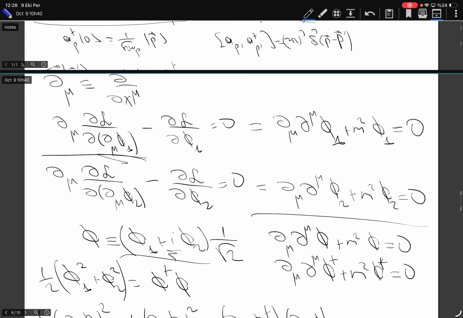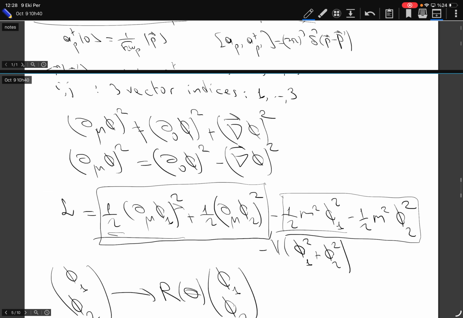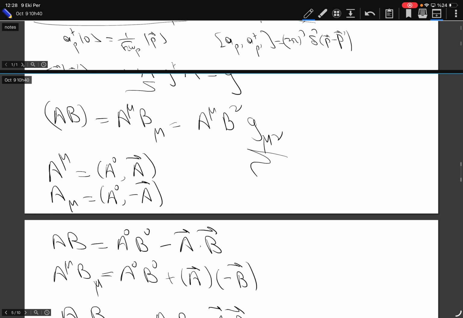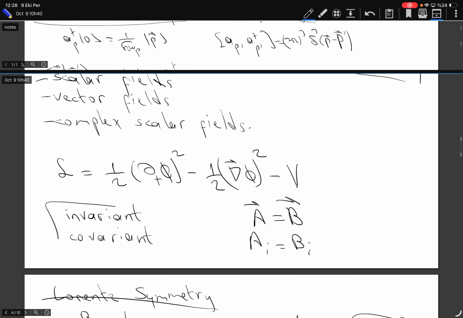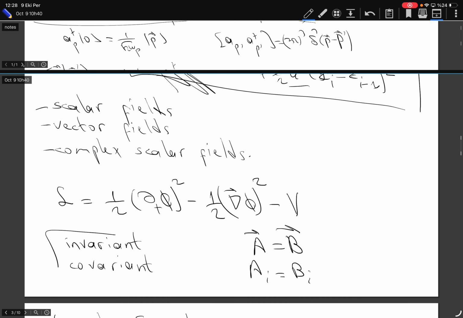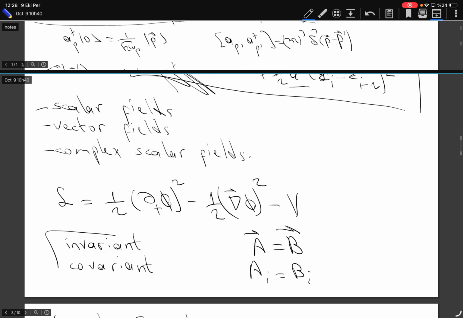Or we had seen other symmetries, like here: this Lagrangian shouldn't change under rotations. It also doesn't change under translations. It doesn't change under rotations, it doesn't change under boosts. So it has a Lorentz symmetry, and it doesn't change under translations.